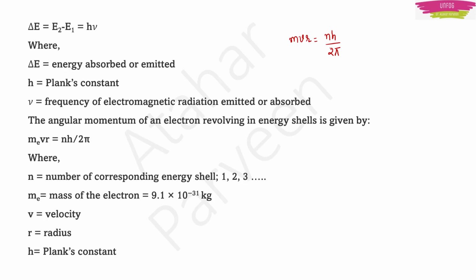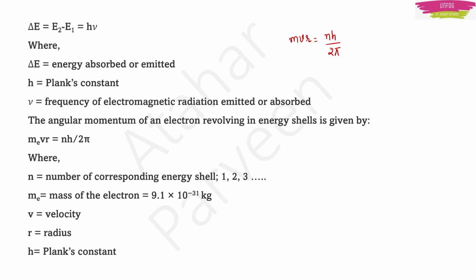Basically, Bohr's atomic model also tells that an atom consists of a central positively charged nucleus, and electrons revolve around the nucleus in circular orbits. The outward centrifugal force balances the net electrostatic attraction towards the nucleus. Because of that, the electron is not falling into the nucleus, nor is it going outside the orbit. So the electron revolves in that fixed or stationary orbit. Now what are these stationary orbits?